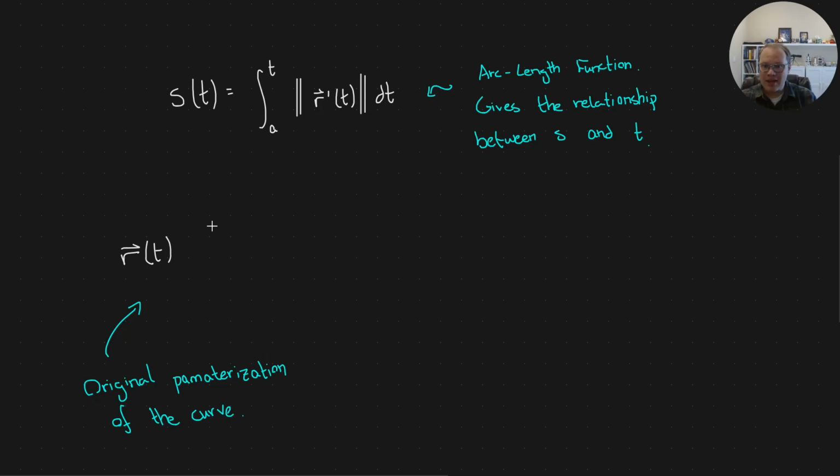Because you have a relationship between s and t, you can solve for t in terms of s and swap out the t in the function for s.